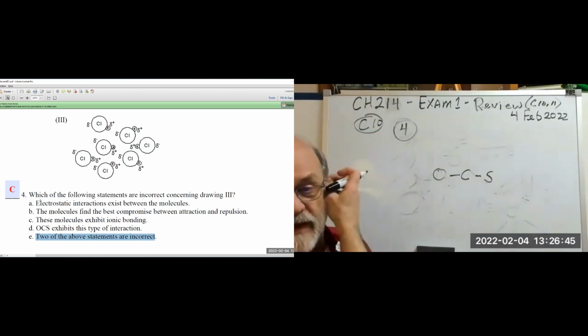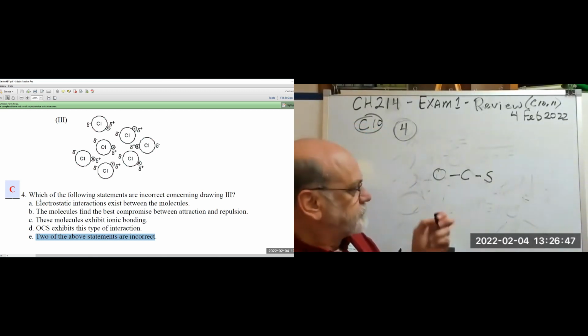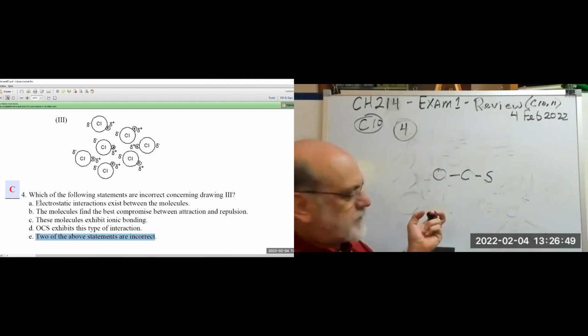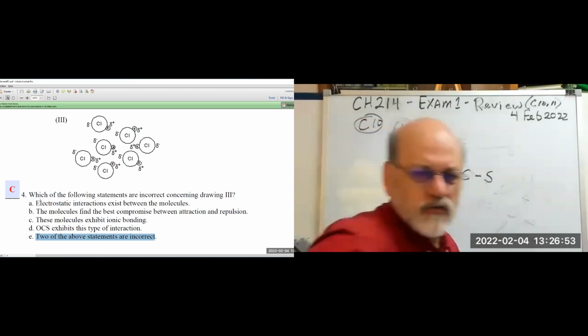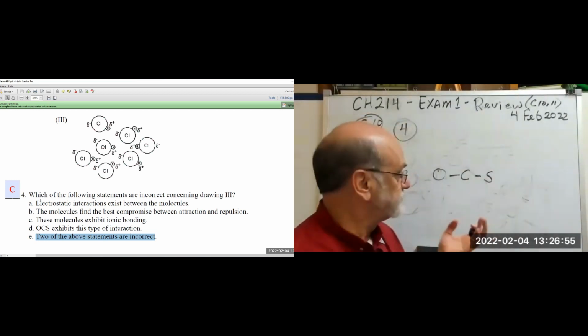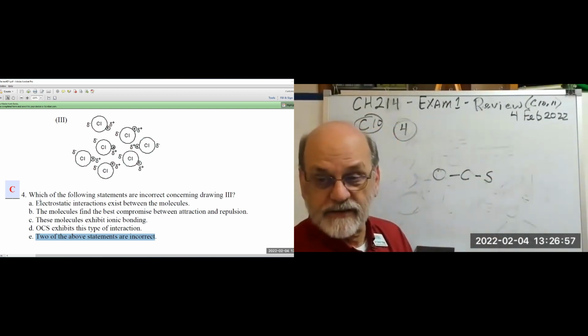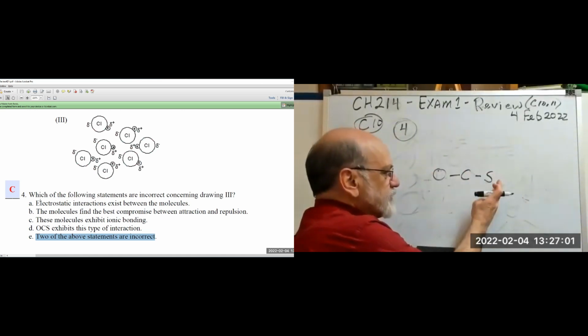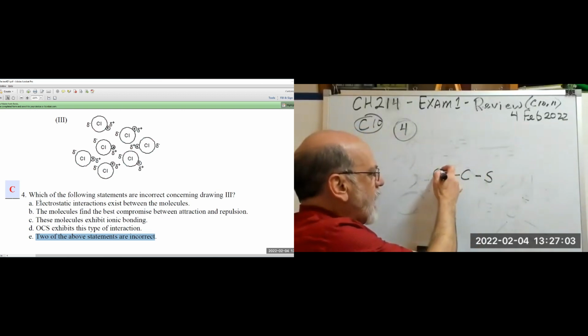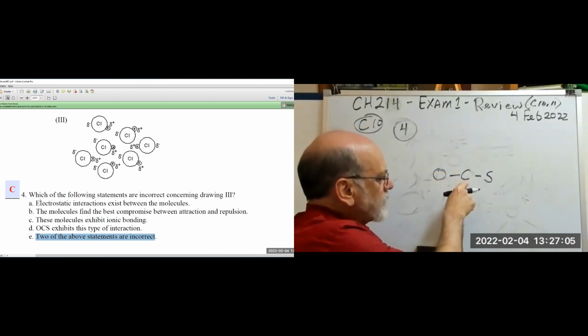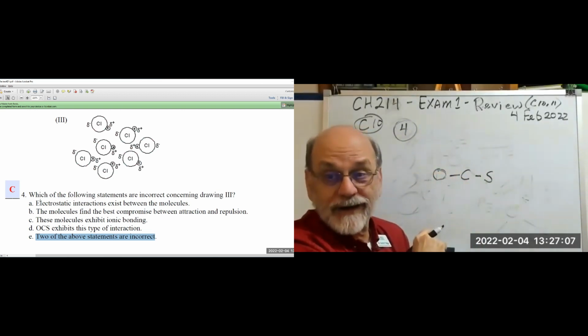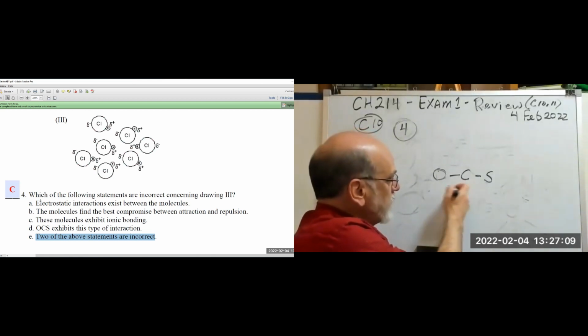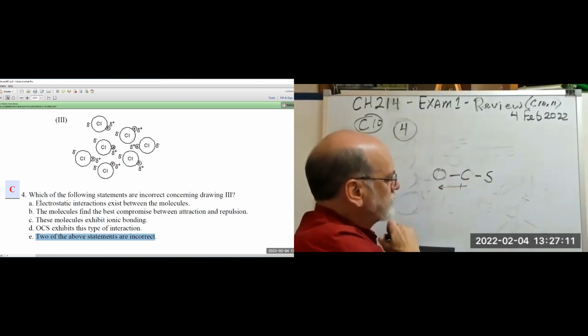Okay. So we could draw the Lewis dot structure for this, but I don't think it's necessary. We just need to know the order. It's oxygen, then carbon, then sulfur. So oxygen and carbon are different electronegativities, so you're going to get a dipole this way.